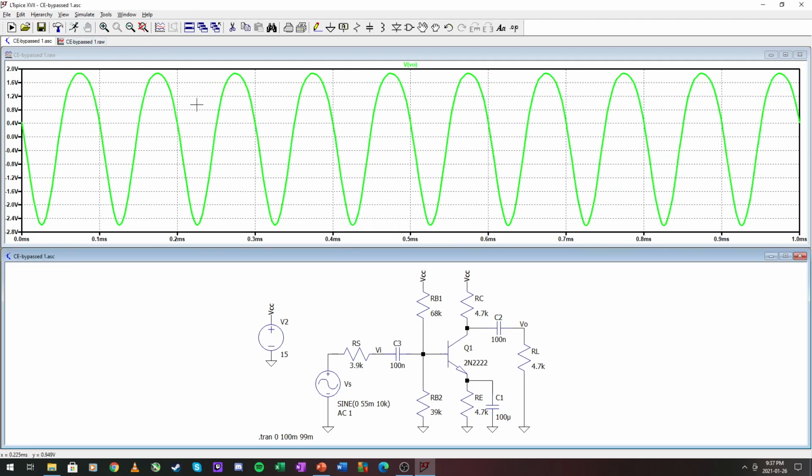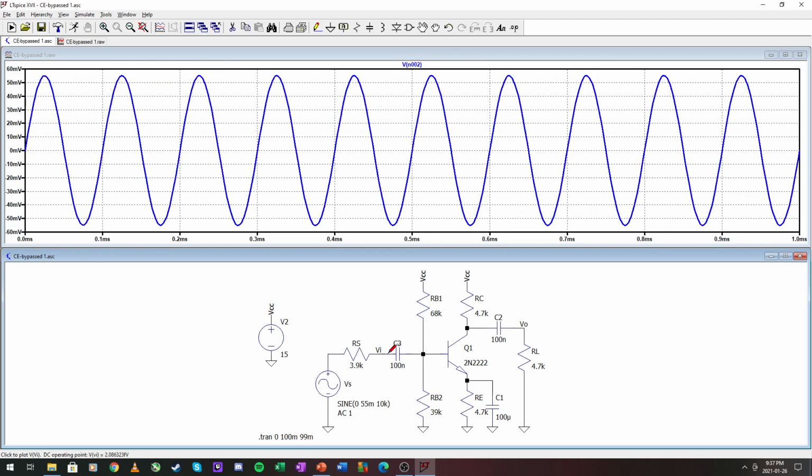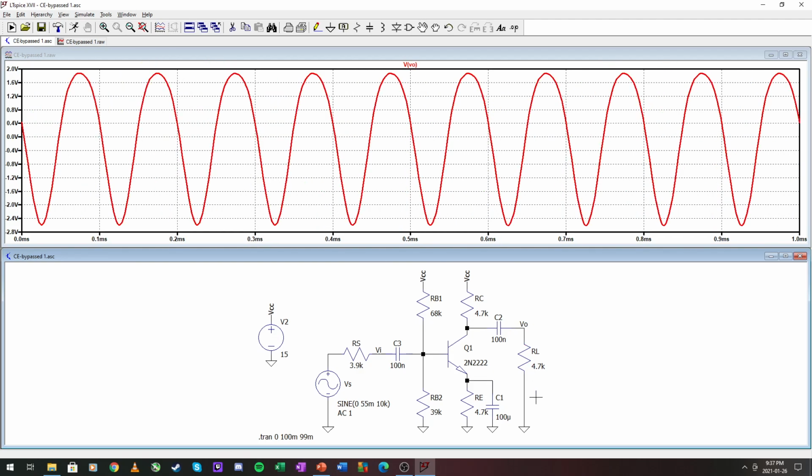Okay, let's run this, and where is our signal? Still not pretty, but we have some division from the source to the input, making the signal smaller. And see here, it is around about 30 millivolts that was required for our previous input as well.